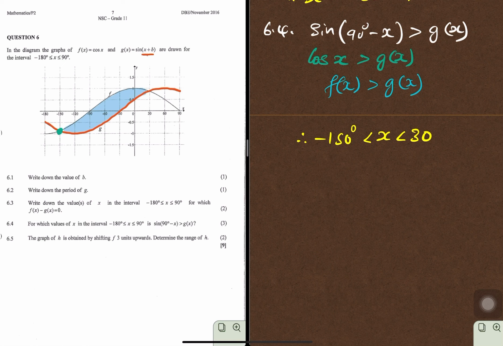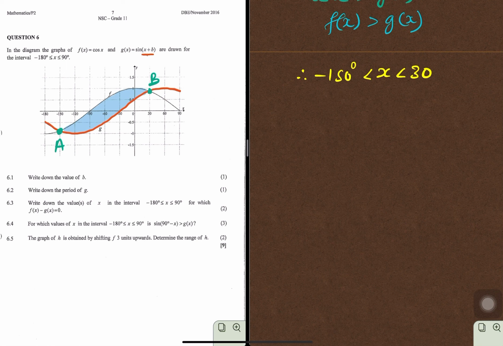Outside that, it's x less than minus 150 or x bigger than 30. So here they want where f is bigger than g. So it is in that region, this particular region here, it's in between. Let me just write my A there and my B for the points of intersection.